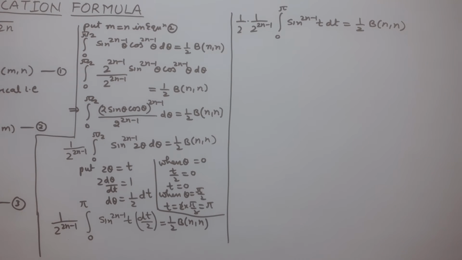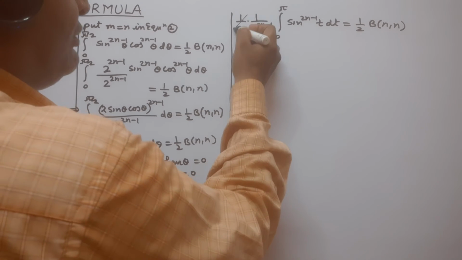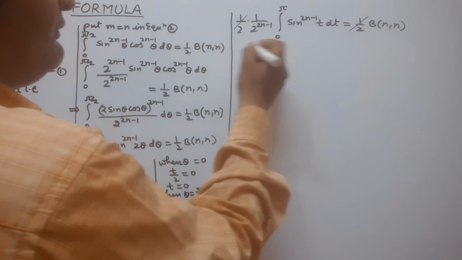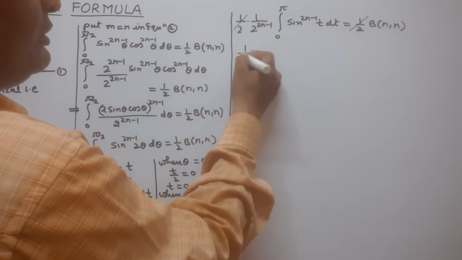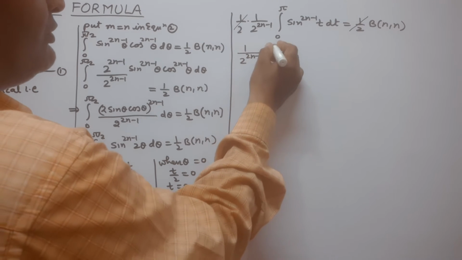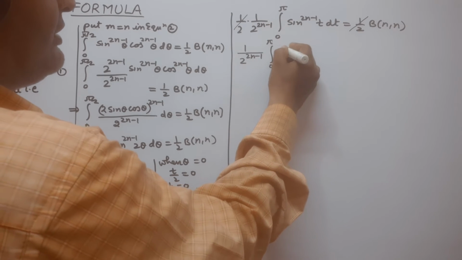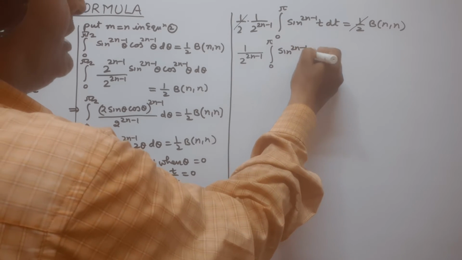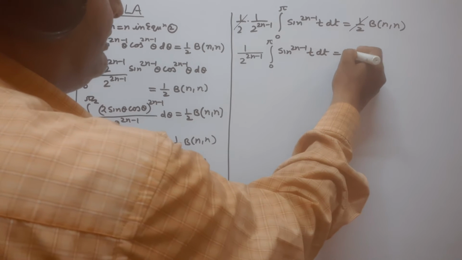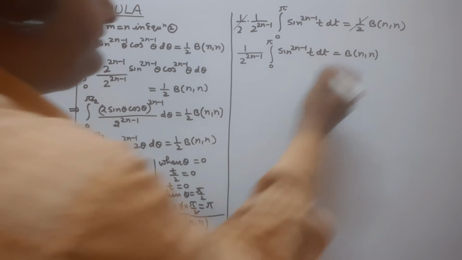So from left hand side and right hand side we can see this 1 by 2 is cancelled out, so we get here 1 upon 2 to the power 2n minus 1 multiplied by integral 0 to pi sine to the power 2n minus 1 t dt, this is equal to beta n n.